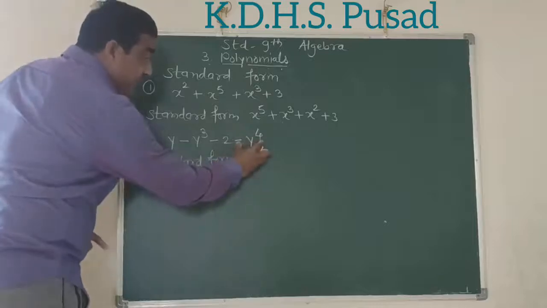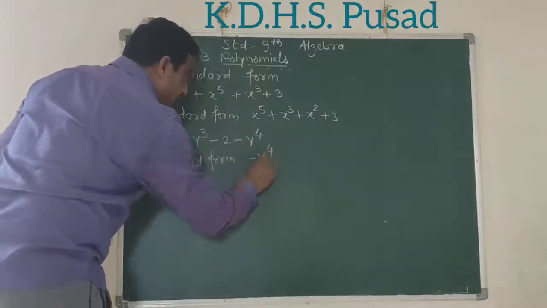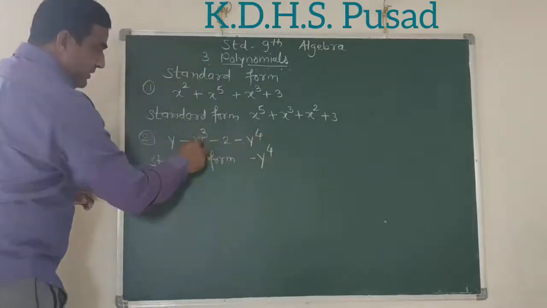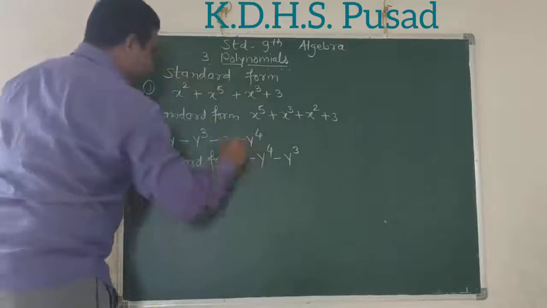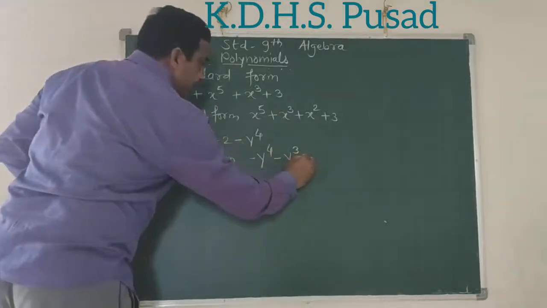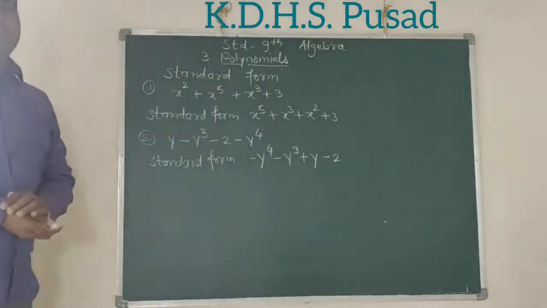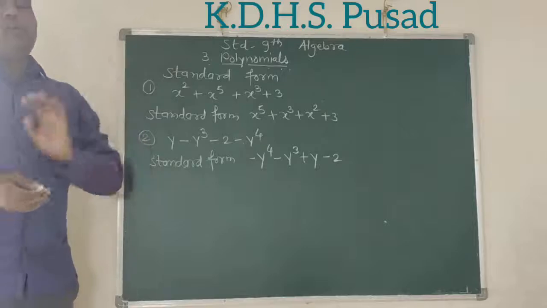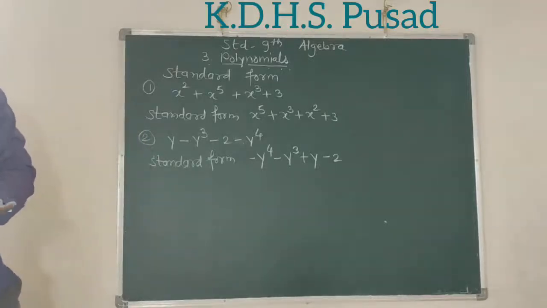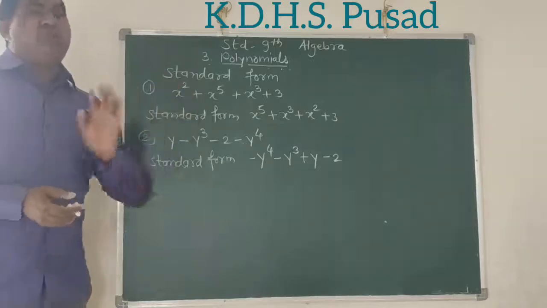Write this term with its sign. If there is a minus sign, write this sign: minus y to the 4. Then power 3, write this with sign: minus y cube. Then write plus y, and then minus 2. In this way, that is the standard form of the polynomial. You have to arrange terms according to the descending order of their powers.